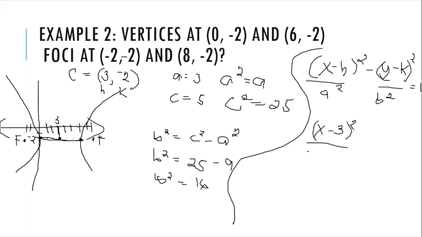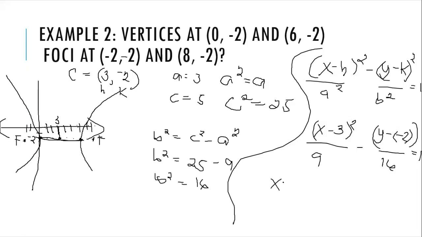Our a squared is 9 minus y. Our k is negative 2 over our b squared is 16 equal to 1.